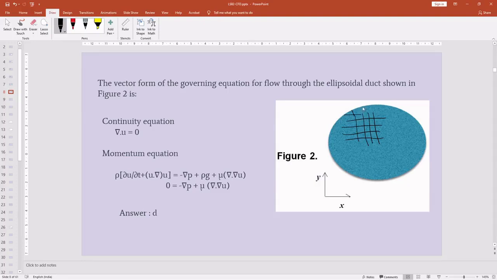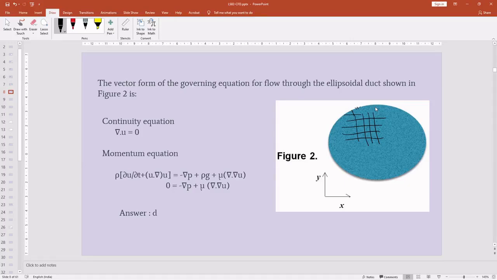But the issue is I will have to refine the mesh, that is, reduce the volume cell size to such a small extent that this circumference can almost fit into squares. So that much refinement I will have to give.